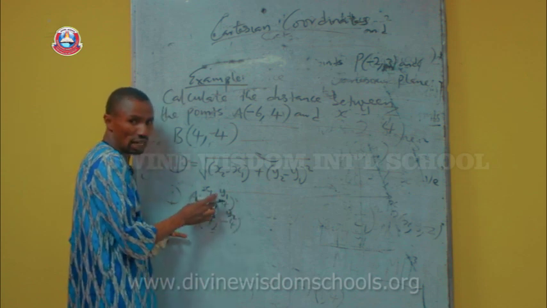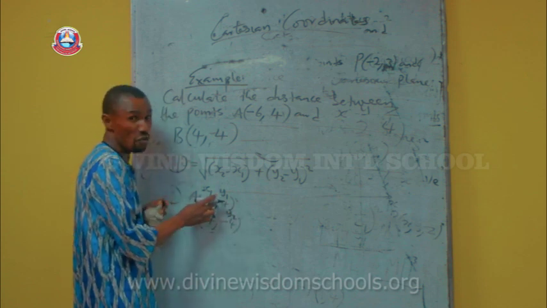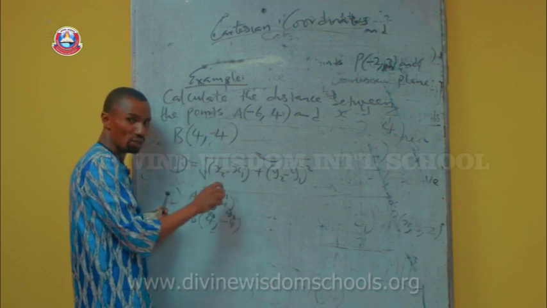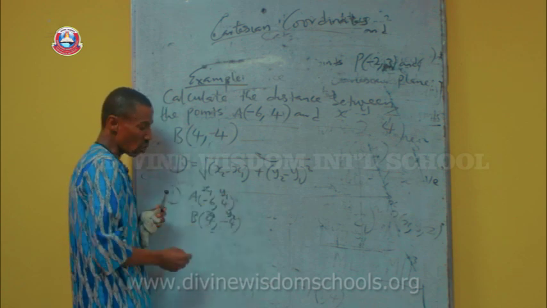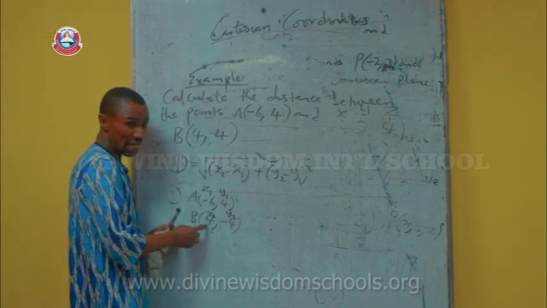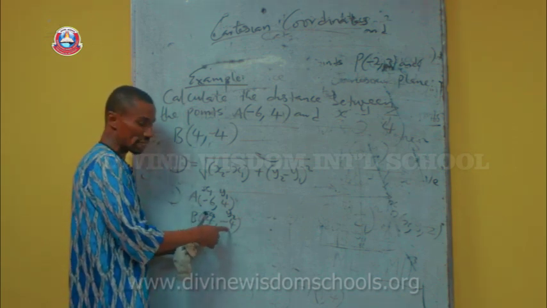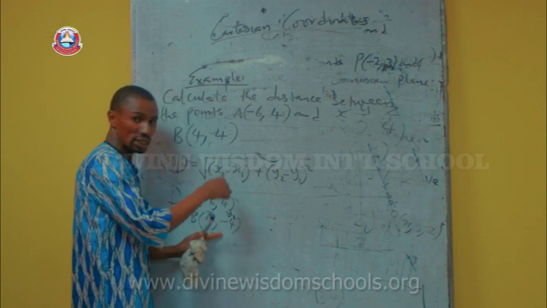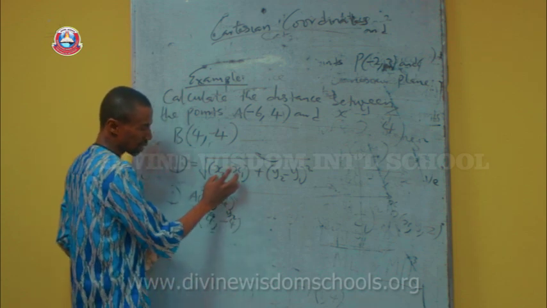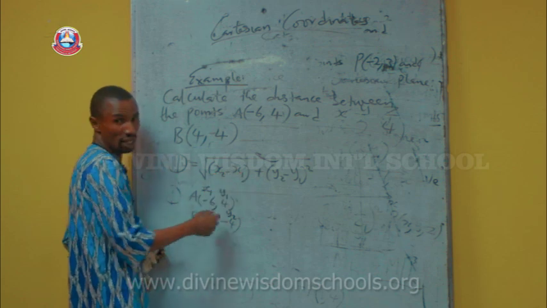So the first number represents x1 in the first point, take note, while the second number in the first point represents y1. The first number in the second point represents x2, while the second number in the second point represents y2. So we just replace these letters with the numbers.